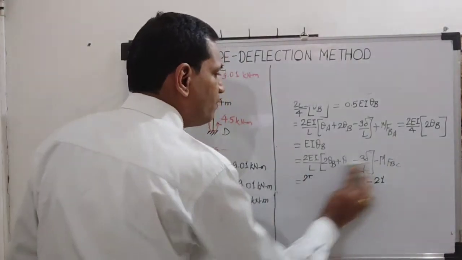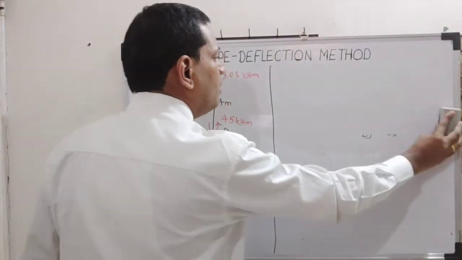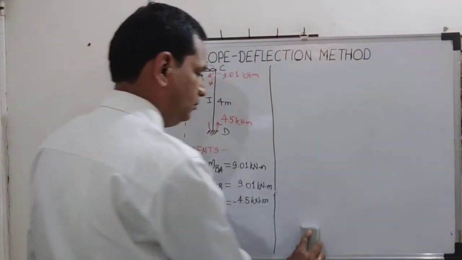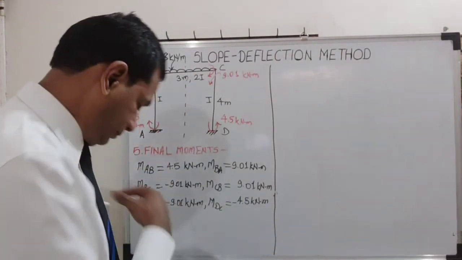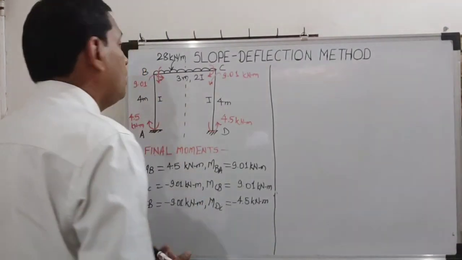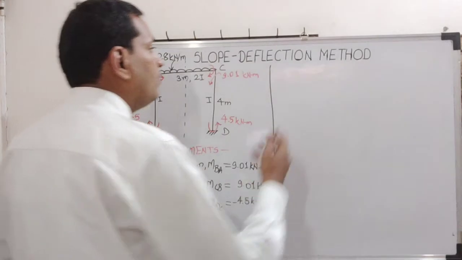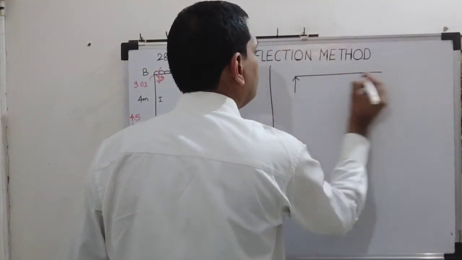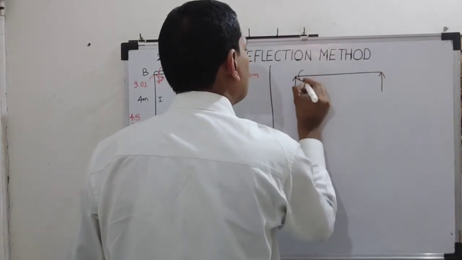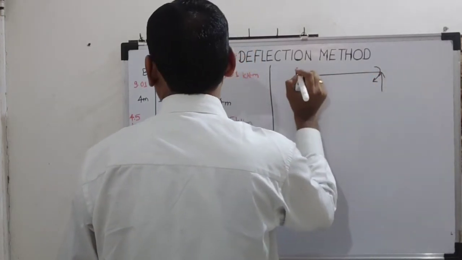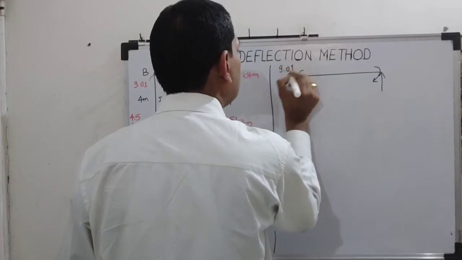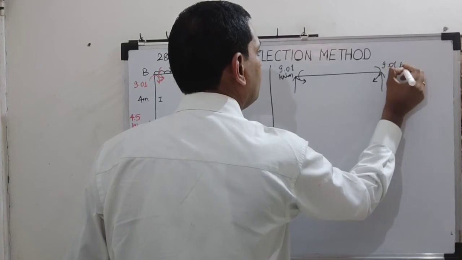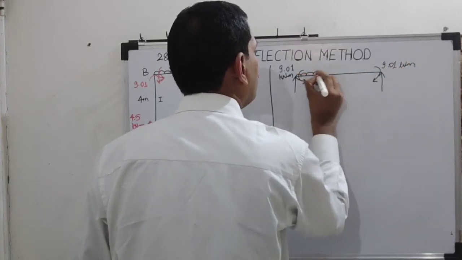So symmetry has made this problem very simple. So let us take free body diagram of beam BC. So here we have these two values, 9.01 each, and this is loading diagram.